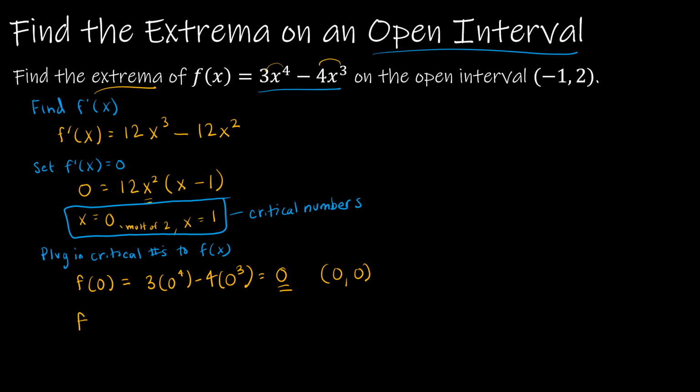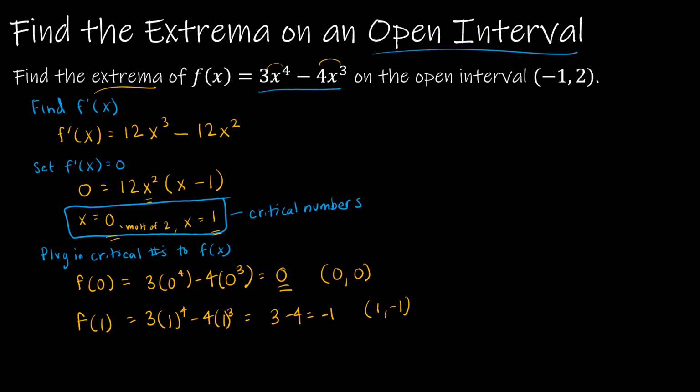And then I'm going to look at f of 1, because I'm using the critical numbers. F of 1 is 3 times 1 to the fourth minus 4 times 1 to the third. So that gives me 3 minus 4, which gives me negative 1. So the point is 1 comma negative 1, but again, what is the min and the max?